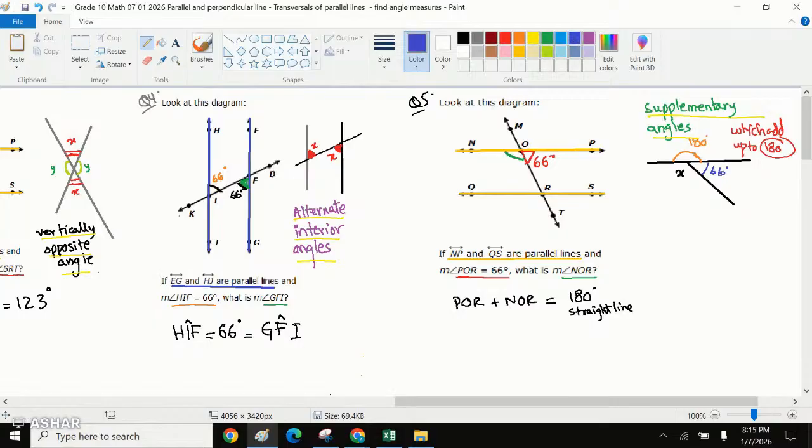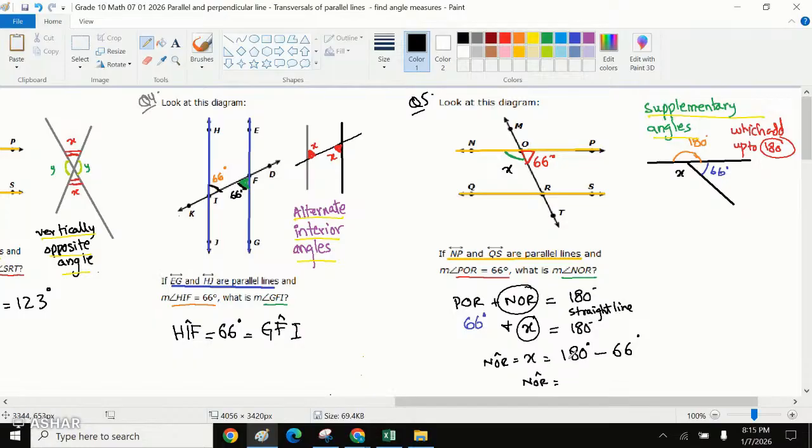So can we find the angle NOR? POR was 66 plus NOR, the unknown, equals 180. Finding x would mean, because we are considering NOR to be x, then x would come out to be 180 minus 66.